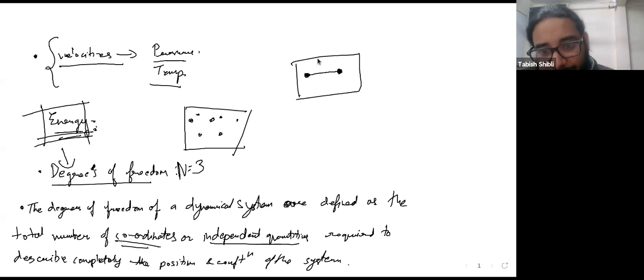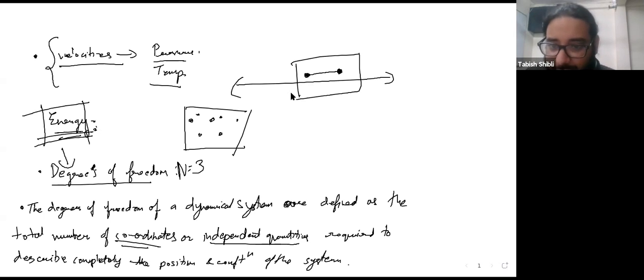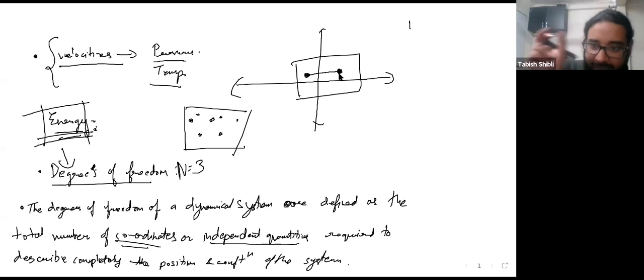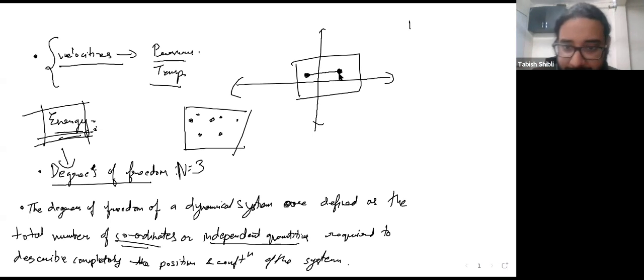So first of all the system can go towards the left or the right, so along the x-axis, so that is one, but it can also go along the y-axis, right? So is it about a single atom or the whole molecule? The molecule. Yeah. The whole molecule can go in the x direction, the y direction, and the z direction, right? So from there we get 3, one, two, three.